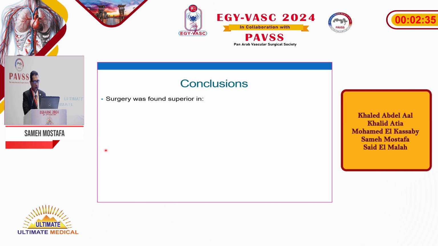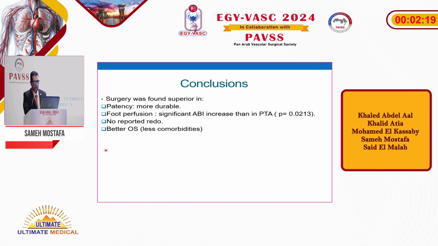The conclusion: surgery was found superior in patency. It gives more durable results and more foot perfusion, as the ABI increase in the surgery group was significantly higher than the increase in the PTA group. No reported redo, better overall survival, because we carefully choose the patient, young and fit, with good health and a limited tibial disease.